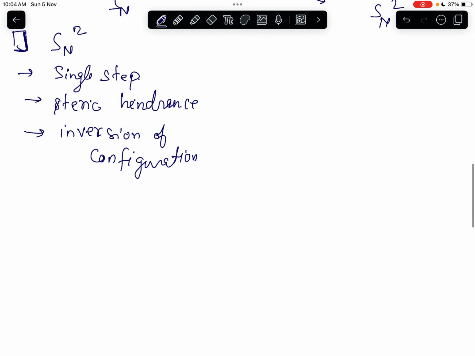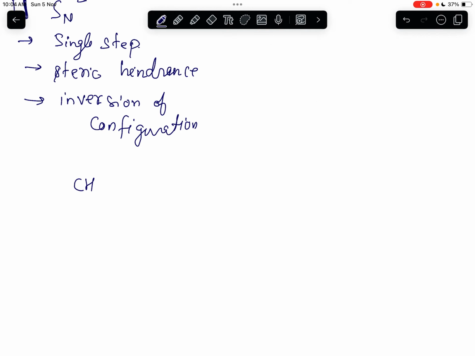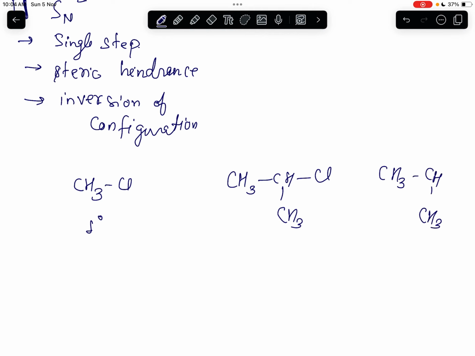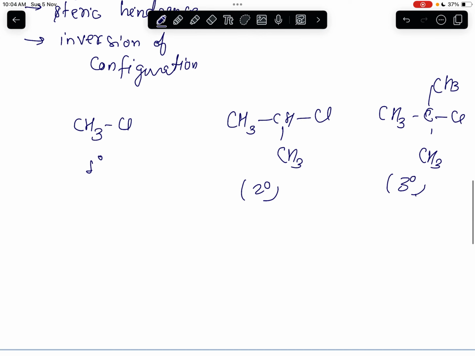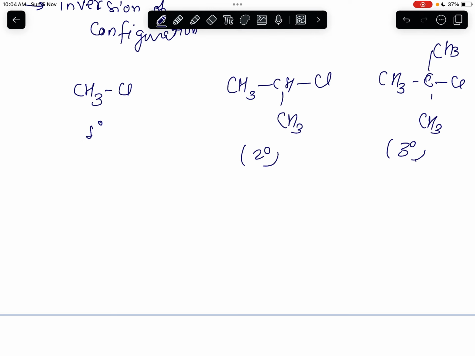For example, this is a 1 degree alkyl halide, this is a 2 degree alkyl halide, and this is a 3 degree alkyl halide. We can demonstrate the tetrahedral geometry, and OH will approach.